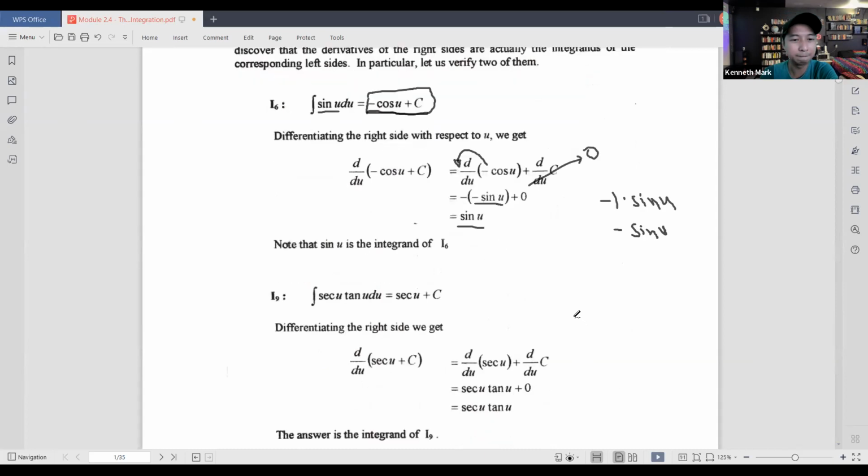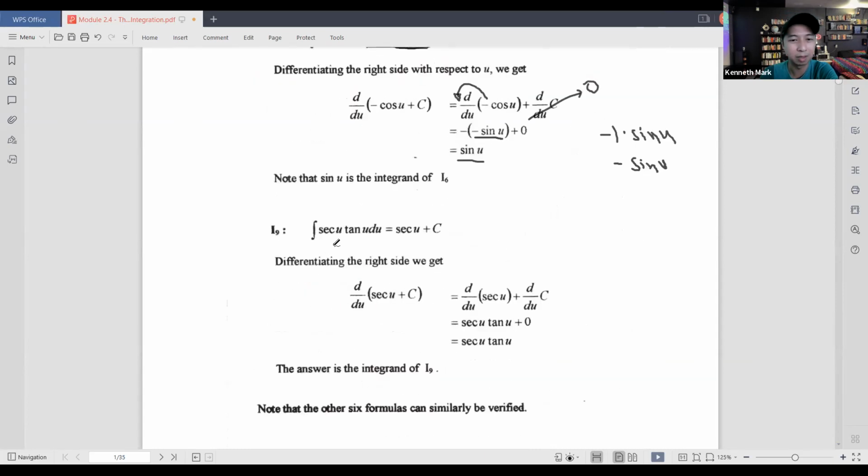Next, we have the I sub 9. So this relates to the integral of secant u tan u du. Okay, so this is equal to sec u plus c, secant u. So if we derive the right side, palagi yung i-derive natin. So this is one way for you to check if your answer is correct.